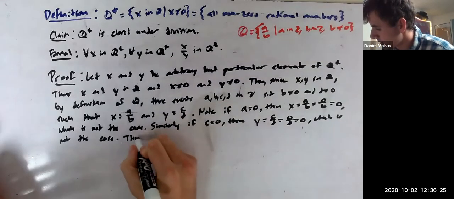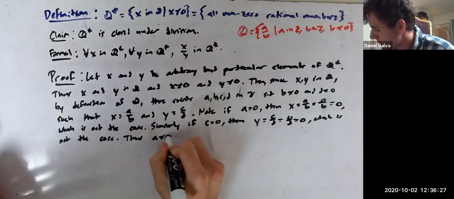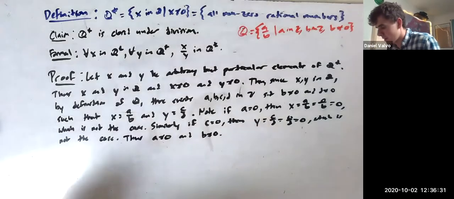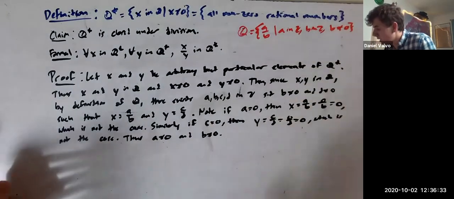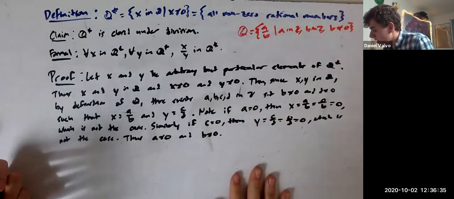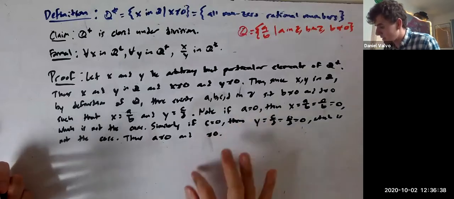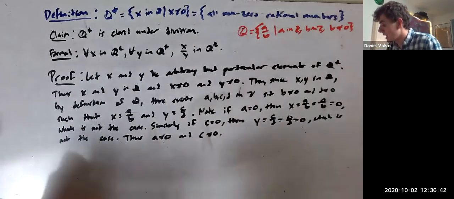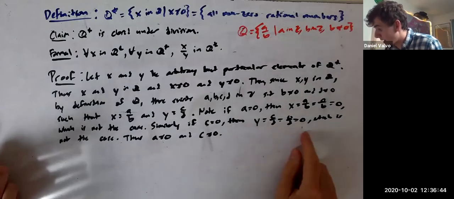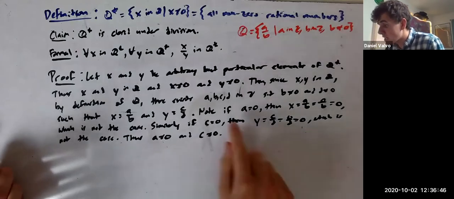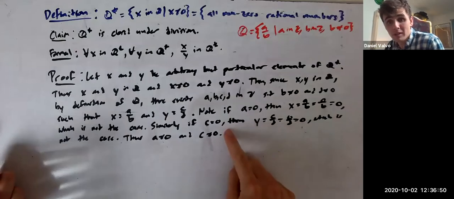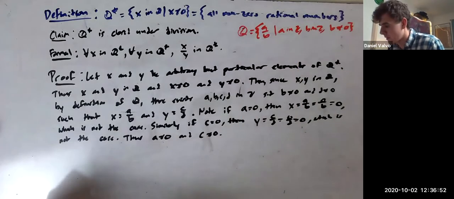Thus, A does not equal 0, and similarly, C is not equal 0. If C was 0, that means Y is 0, but we know by definition of Y being in Q star, Y is not 0. So C must not be 0, because it would lead to something we know is not true.